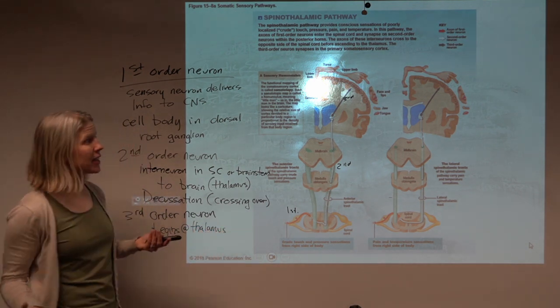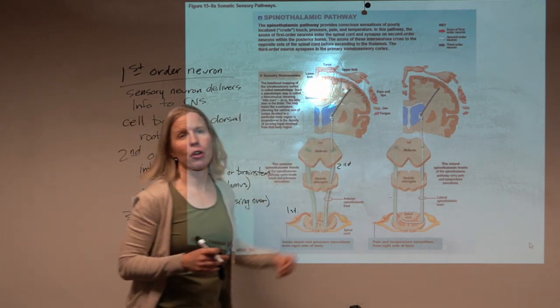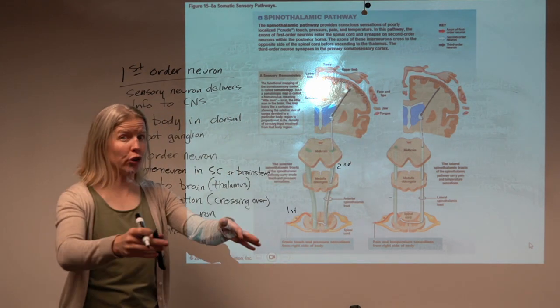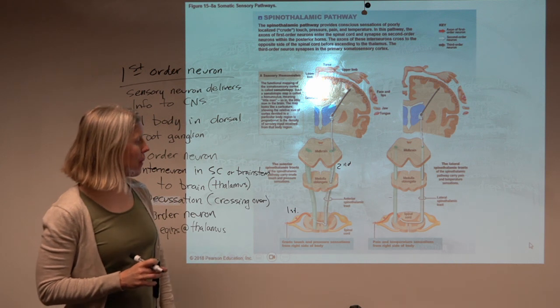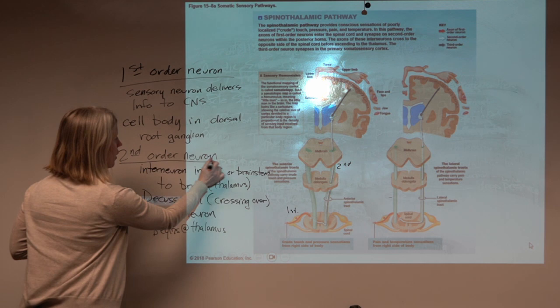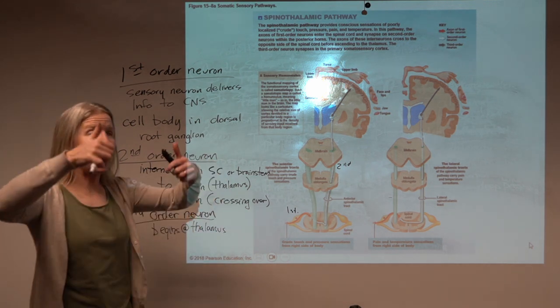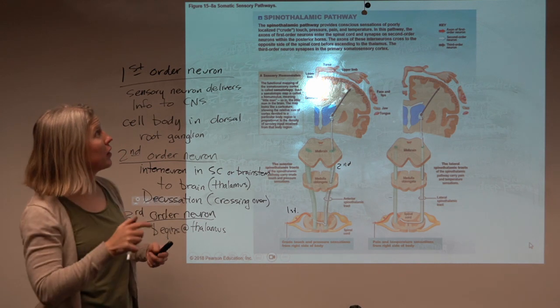I suppose it technically is also an interneuron, right? It's going to find somewhere to drop off that information, but it's not a motor neuron carrying that out yet. Okay, so first, second, and third order neurons are what we're going to see in sensory pathways, right, carrying this information up.